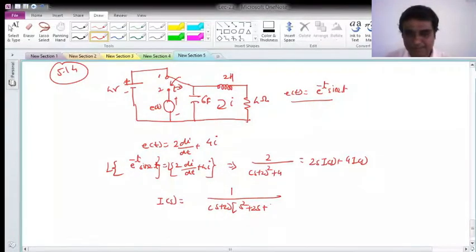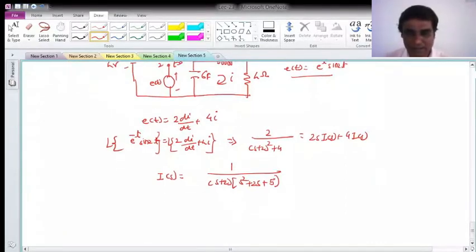Okay, now from that I'll get the complex conjugate roots here. Okay, so the roots s1, s2 are minus 1 plus minus 2j.